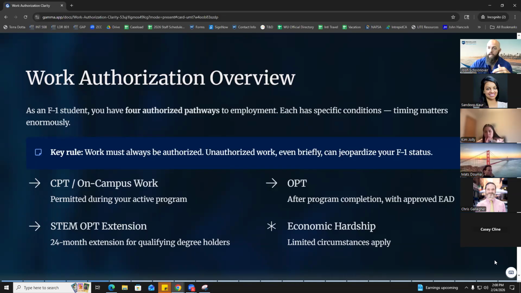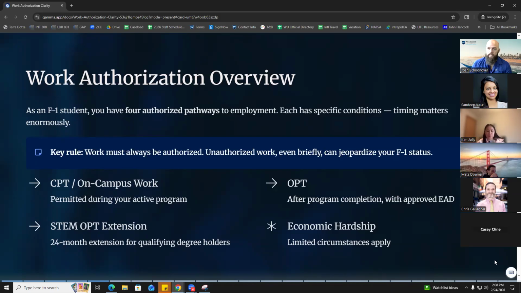If you work at a big university like the University of Texas or any of these schools with 10, 20, 30,000 students, there's often lots of on-campus opportunities for students. Maybe you work in the cafeteria, the bookstore, the library, something like that. That is available to you as an international student.